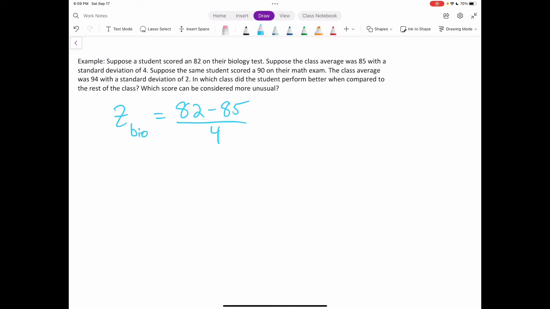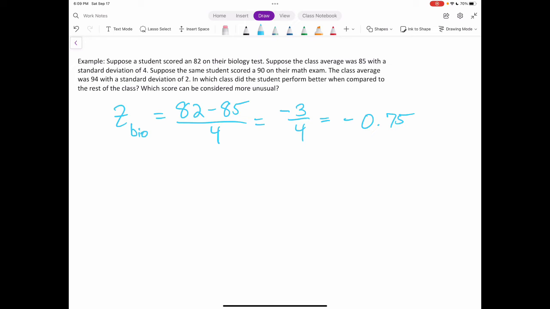Okay, so data value minus the mean divided by the standard deviation. All right, if we put that in the calculator, we should get a negative 3/4, which works out to be a negative 0.75. Feel free to pause the video and verify that value.